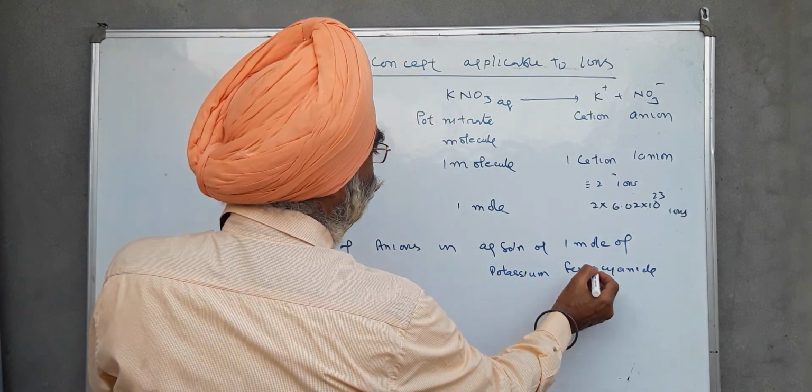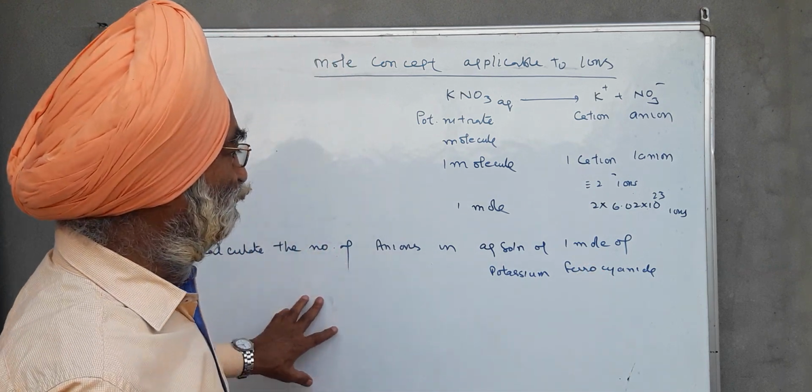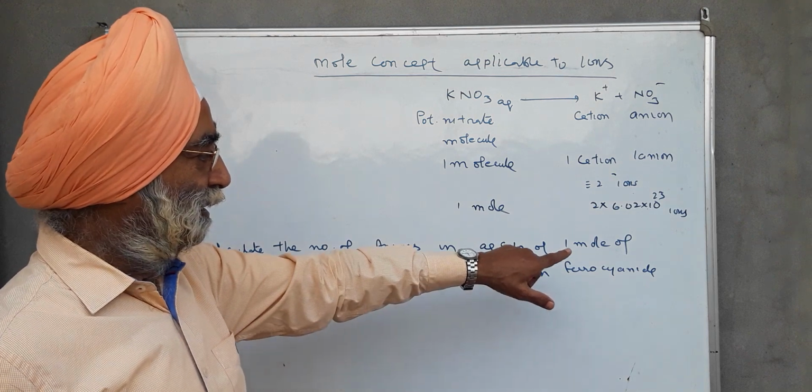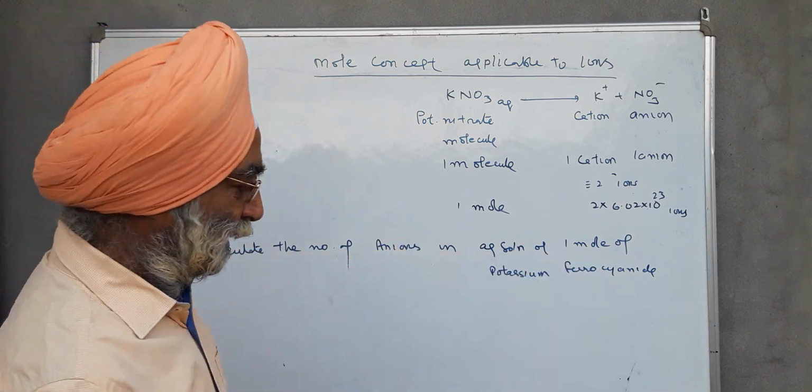Potassium ferrocyanide. Potassium is the cation, ferrocyanide is the anion.